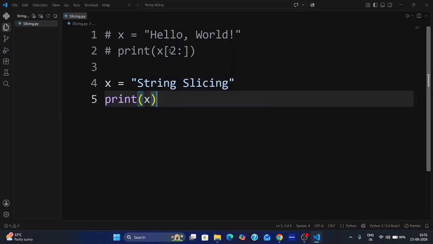To index your value you have to use square brackets, not this bracket. You have to use square brackets for this indexing. So I make a square bracket and write, for example, 5 colon 10. Okay, what will this print?